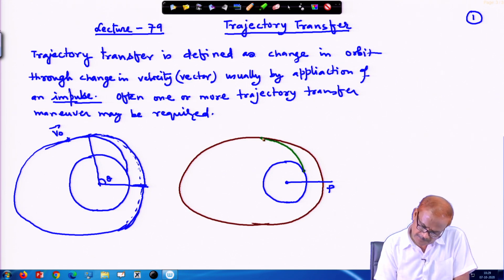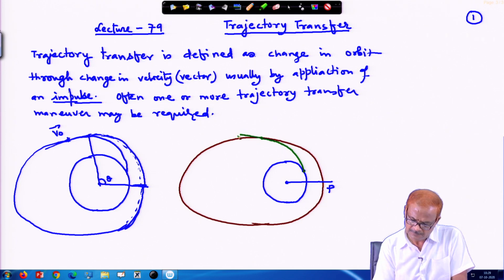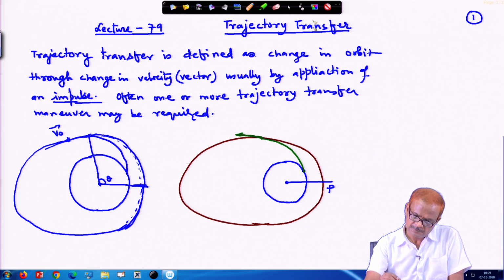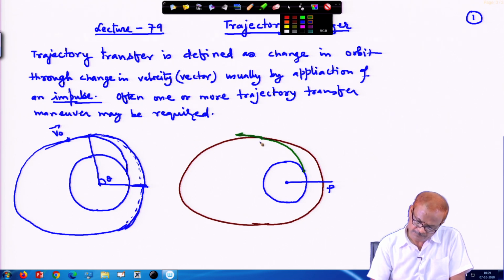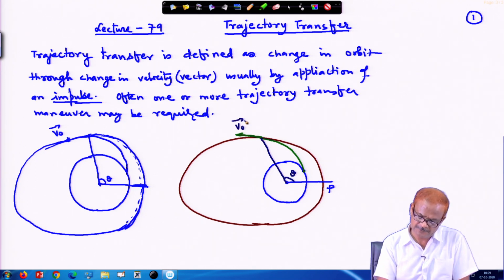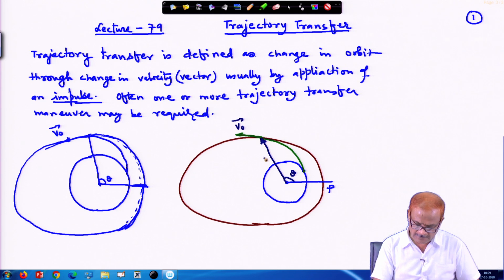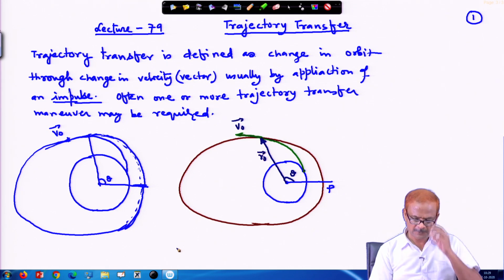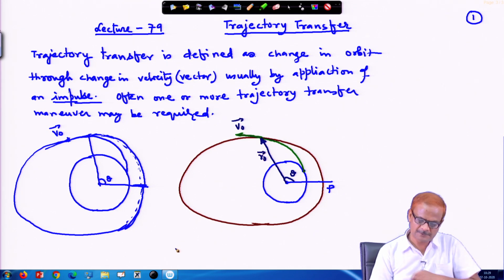At this point it will become tangent to this orbit. This is theta, the true anomaly. This is the injection point, v0 is the initial velocity and r0 is the radius. These issues we have discussed earlier.